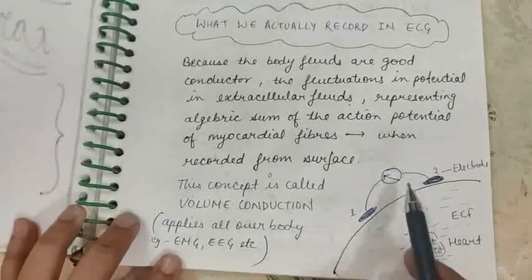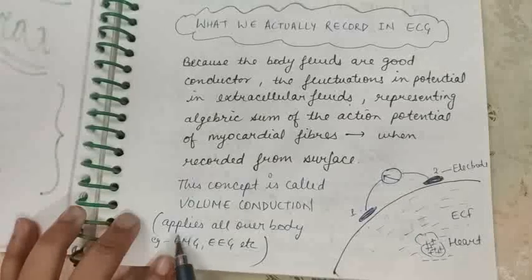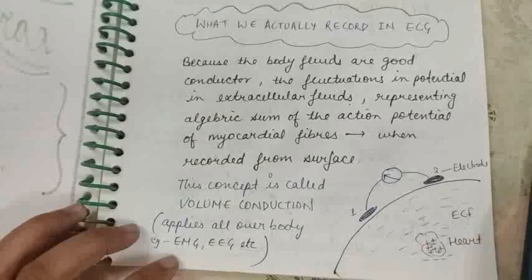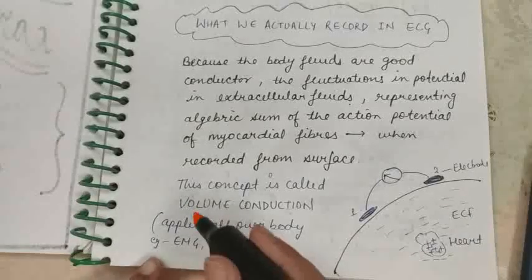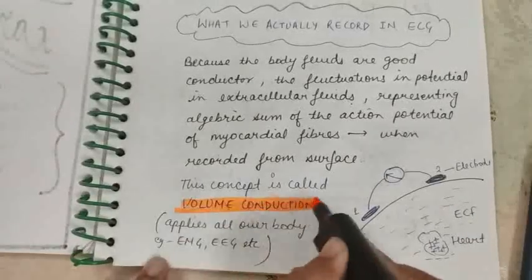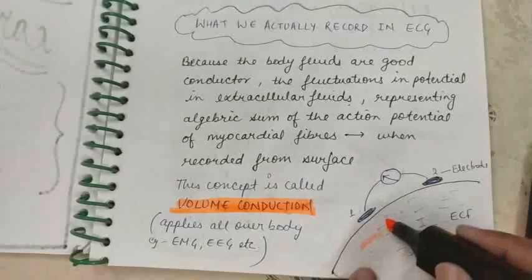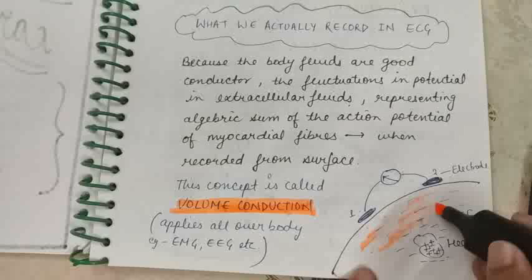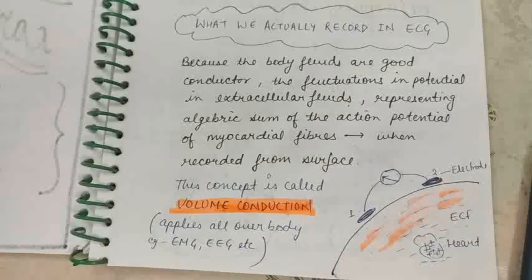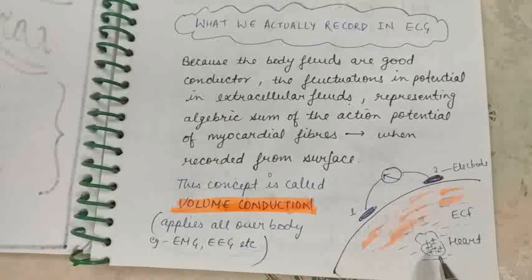This same concept also applies to EMG and EEG. This concept is called volume conduction. Our subcutaneous tissue or the extracellular fluid outside our organs acts as a volume conductor of various electrolytes exchanged around the organ.